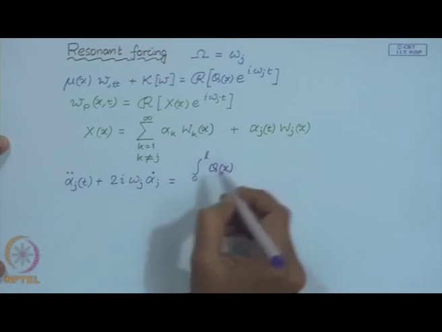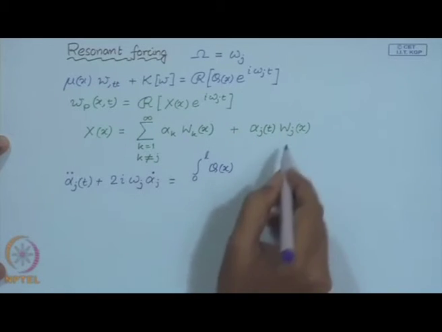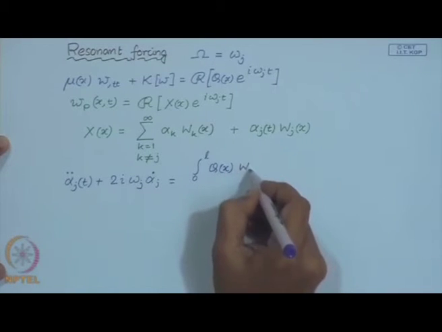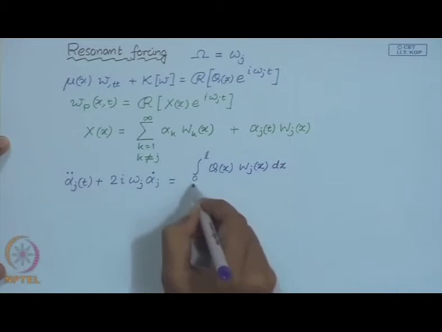If you substitute this and take the inner product with W j, this is what you are going to obtain on account of orthogonality.